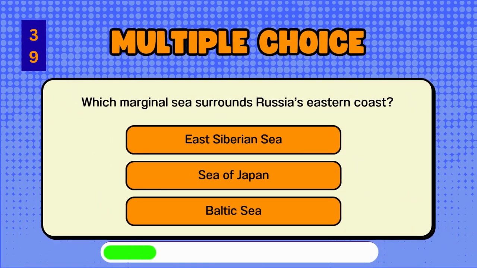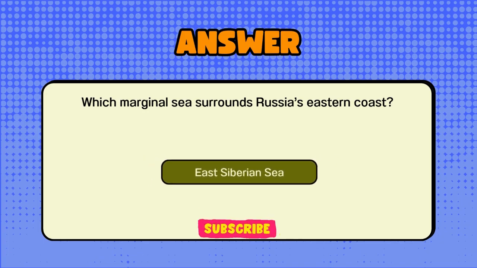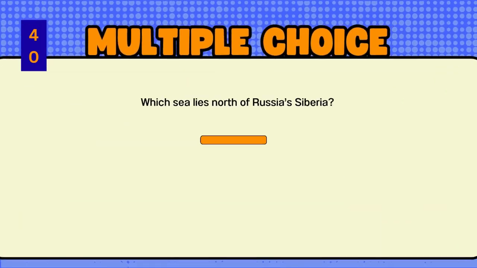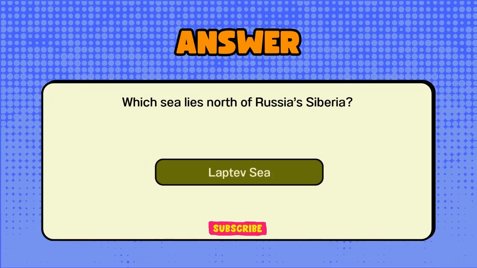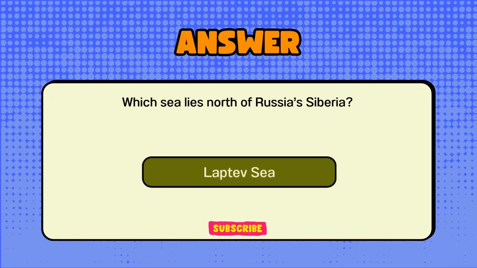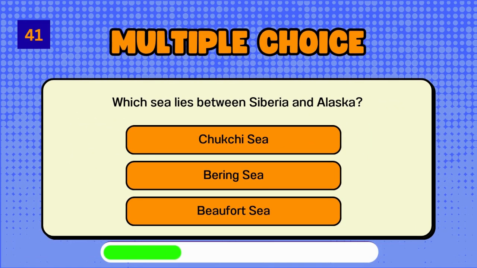Which marginal sea surrounds Russia's eastern coast? Which sea lies north of Russia's Siberia? Which sea lies between Siberia and Alaska?